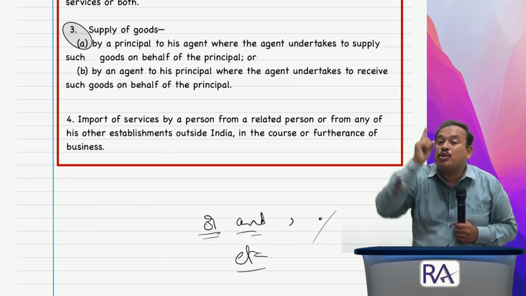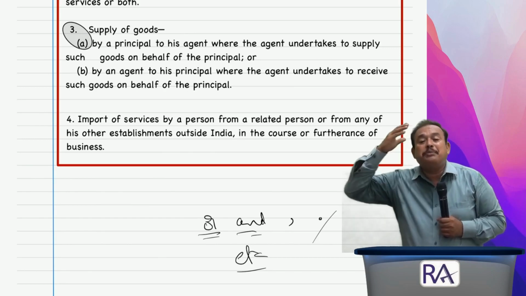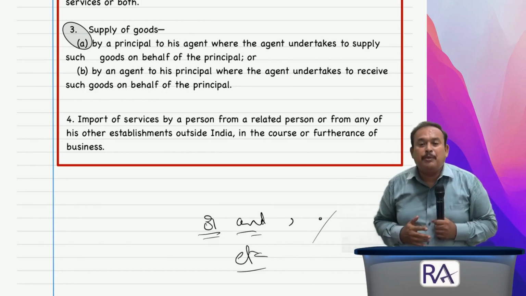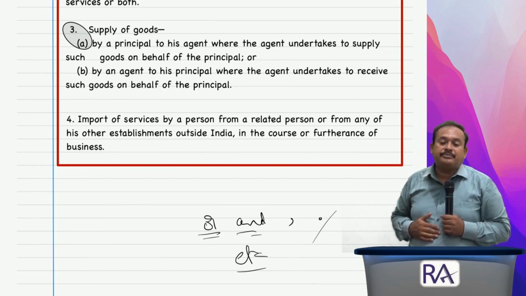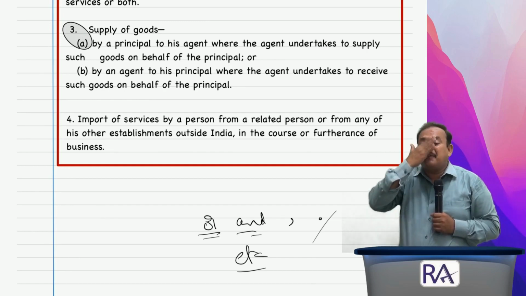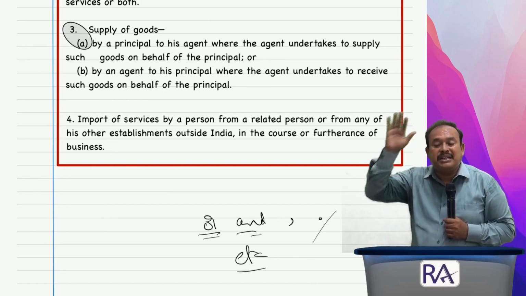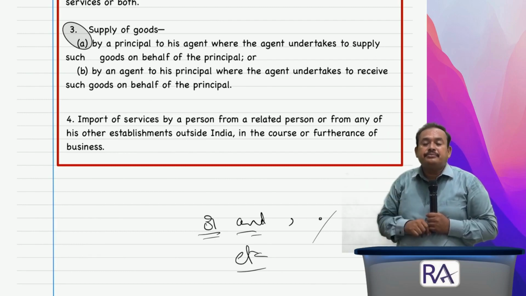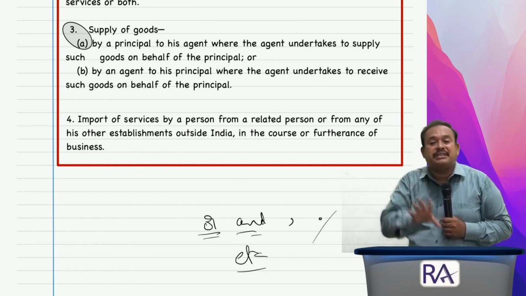It should be in the course or furtherance of business. Though there may be no consideration, it is a deemed supply, liable to pay GST. Import of services by a person from a related person or from any of his other establishment outside India in the course or furtherance of business will be treated as supply even without consideration, namely deemed supply.